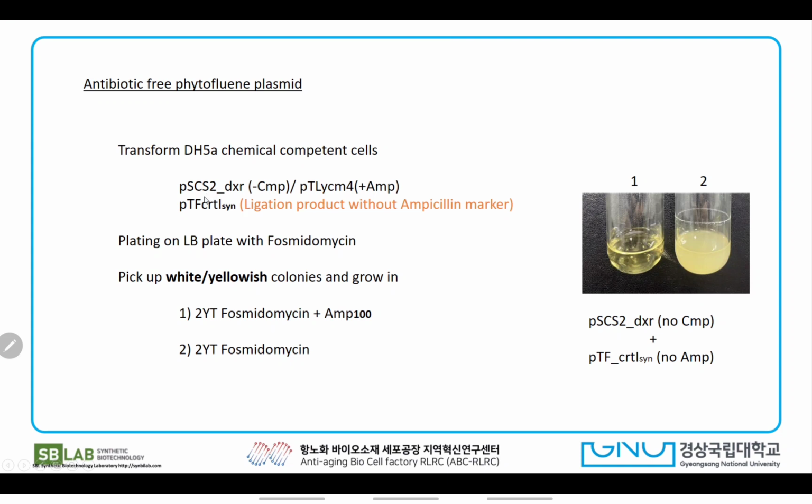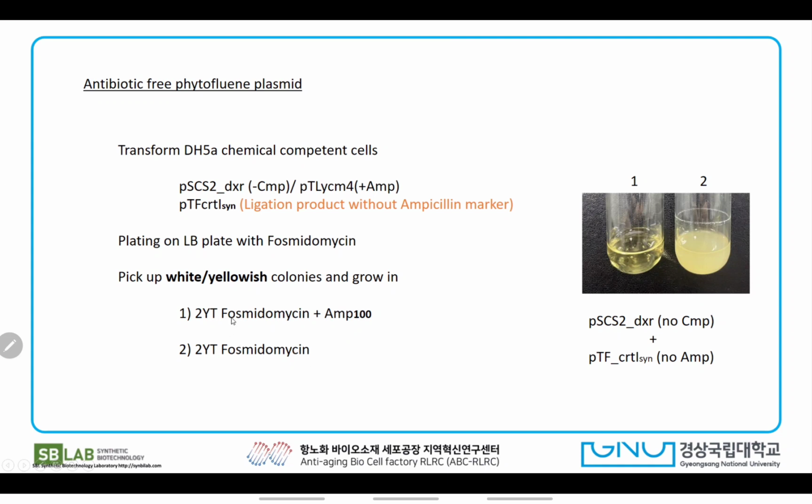After that we follow the same protocol used to create the chloramphenicol negative, ampicillin positive strain. After plating on phosmidomycin plate, we select the white or yellowish colonies and grow them on phosmidomycin ampicillin and on 2YT with only phosmidomycin.